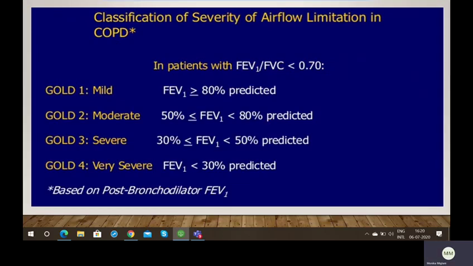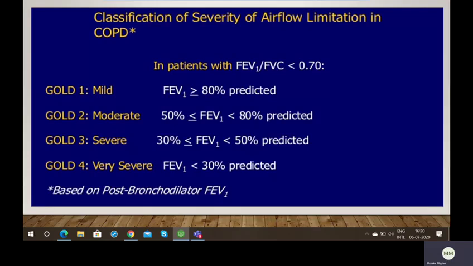Now coming to the classification of severity of airflow limitation in COPD. In patients with FEV1 by FVC less than 0.70, now coming to the grading. Gold 1, it is mild: FEV1 is more than 80% predicted.